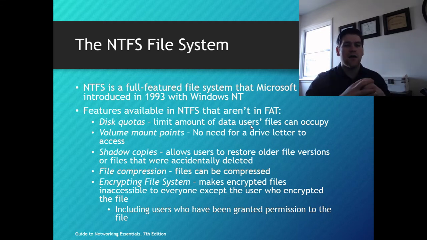This is like a zip file or .rar files, which are examples of compressed files. Basically, you take your file and find areas where you can run an algorithm that compresses it down. And also the encrypting file system, EFS, gives you the ability to encrypt data on a drive so that you have to have authentication to even read the data, regardless of permissions.